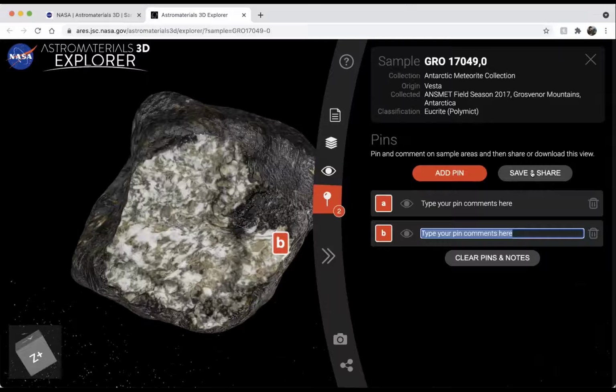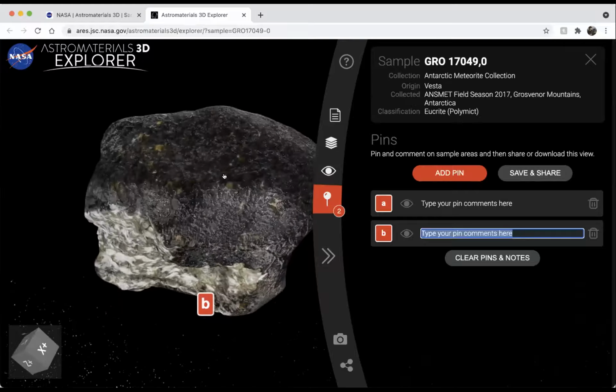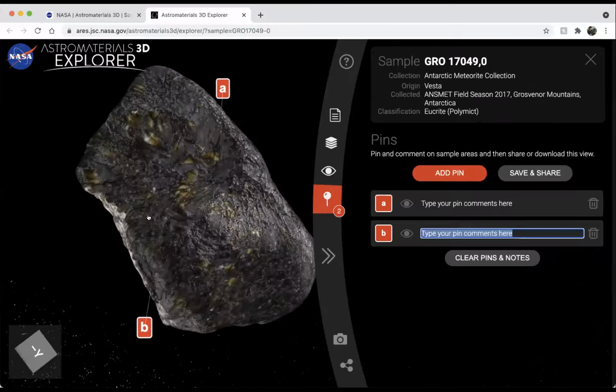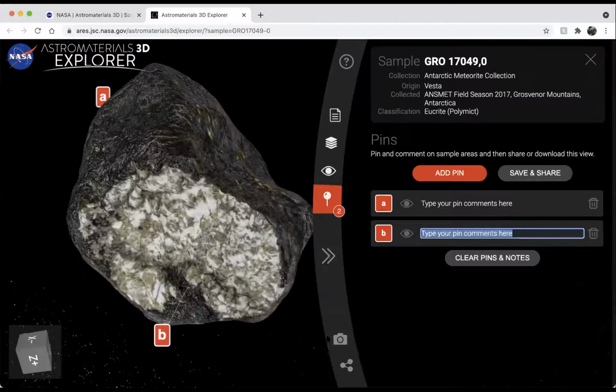And when you share the link, it will pull whoever you share it with exactly back to this with your comments in it. So that's a really cool feature. The other thing is that you can take pictures of the rock at any moment. If you like a particular view, you can just hit the pictures here, and you can share this page with your friends and your colleagues.